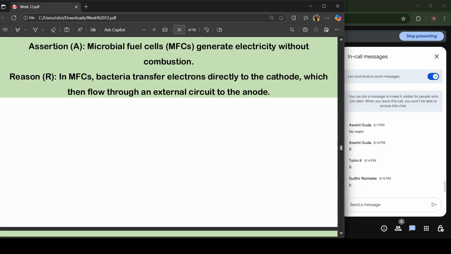Obviously the assertion is true here. It's just about the reason.